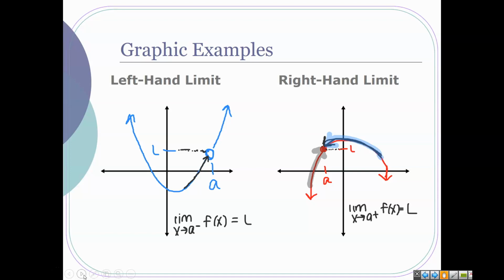So, right, if I trace this graph coming down like I am in red, that red would have been a right hand limit. It's exactly the direction that you approach the point.